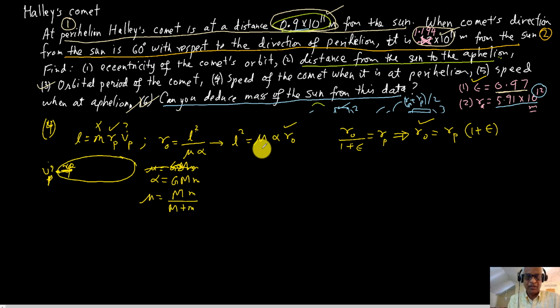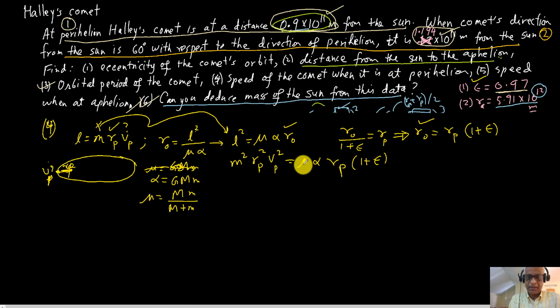And so if this is the case, let's use this for L squared on the left side. So we have m squared, r_p squared, v_p squared, and on the right side I have mu alpha R0, which is r_p times 1 plus epsilon.